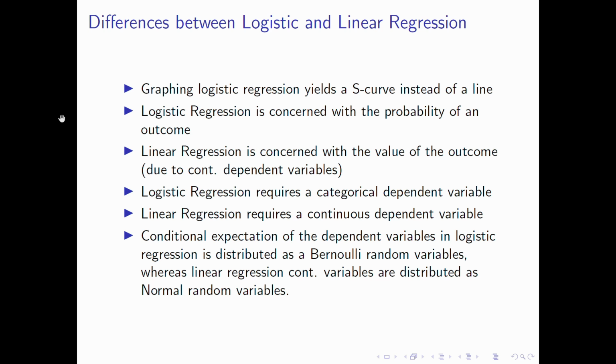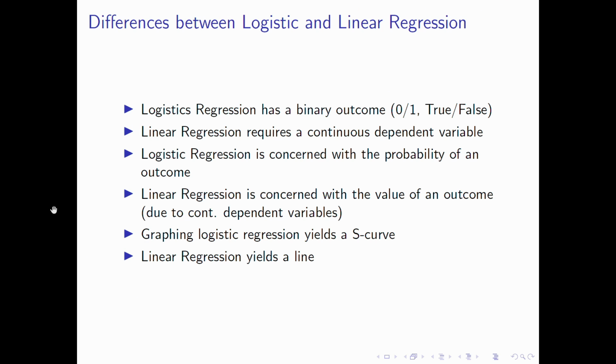Logistic regression requires a categorical dependent variable, while linear regression requires a continuous dependent variable. The conditional expectation of the dependent variables in logistic regression is distributed as Bernoulli random variables, whereas linear regression continuous variables are distributed as normal random variables.